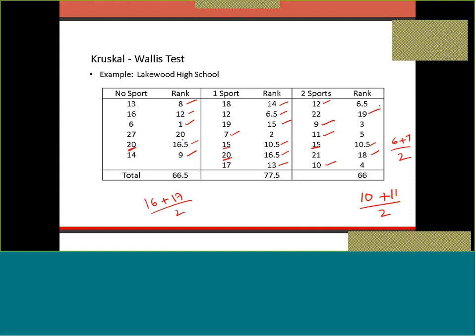Then 23, no, only one is left, that is 27. So we have given all ranks. Now please add the ranks for each sample. This is the sum of the first one, this is the second one, this is the third.